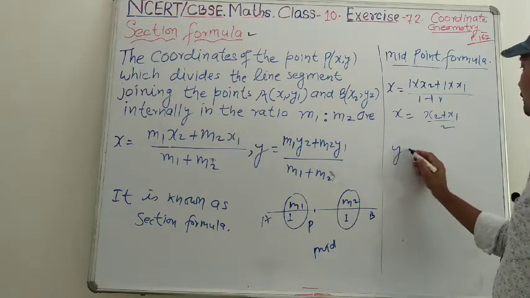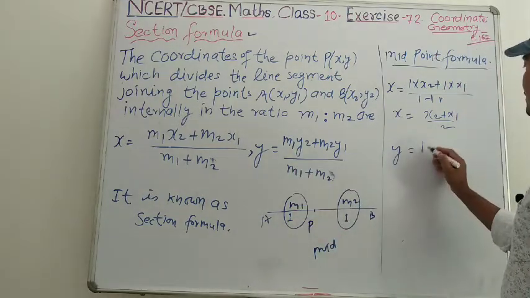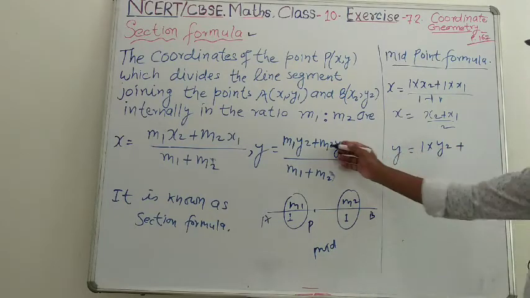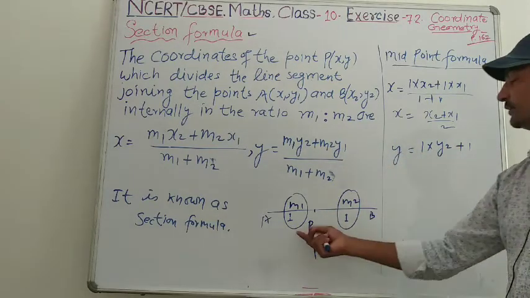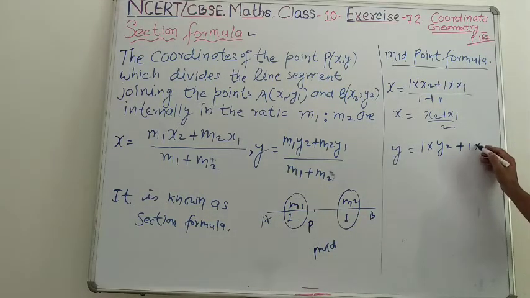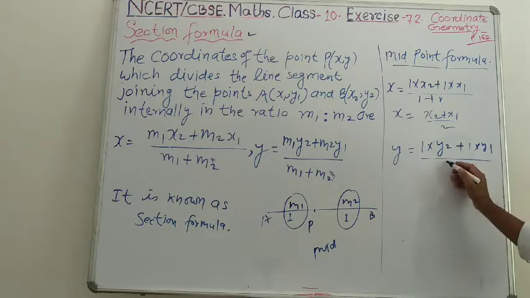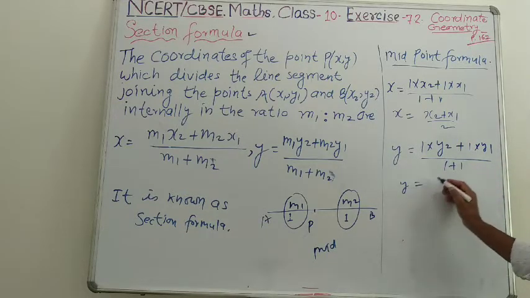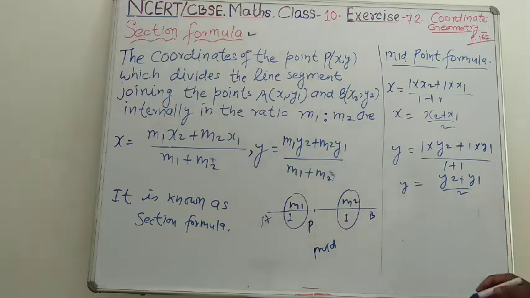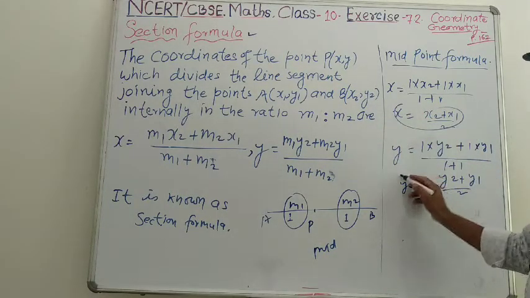Just like y equal to m1 y2, m1 is 1, y2 is y2 as it is, m2 is also 1, because first ratio is 1, second ratio also 1. So this will be into y1 by 1 plus 1. So we can write y2 plus y1 by 2. So it is the midpoint formula.